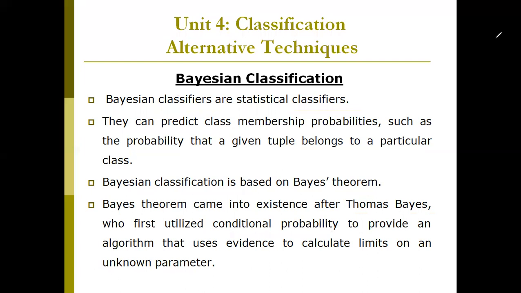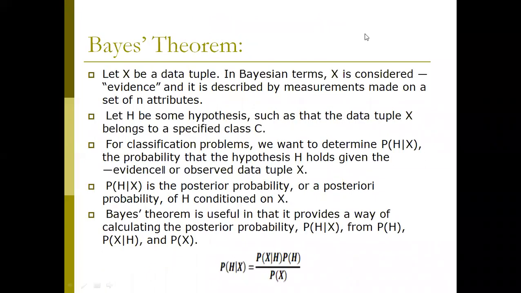In the next slide we have the information about Bayes theorem. Why? Because Bayes theorem is used in the Bayesian classification technique. Bayesian classification technique is one of the classification techniques which classifies the data based on statistics.